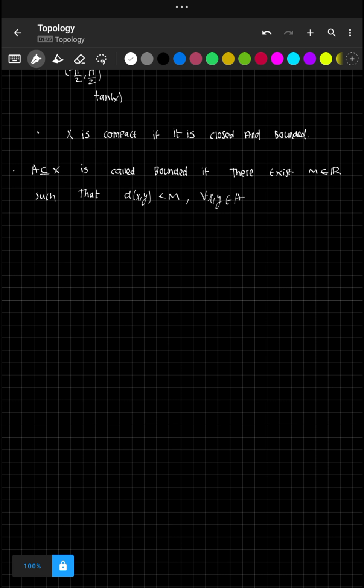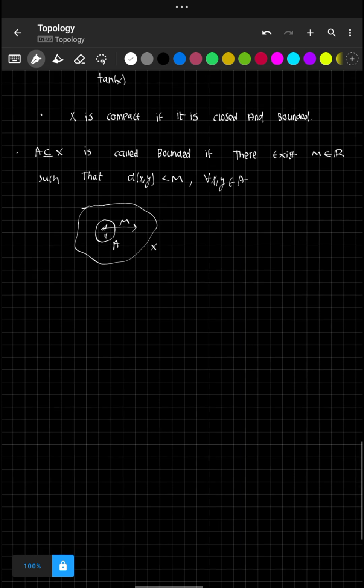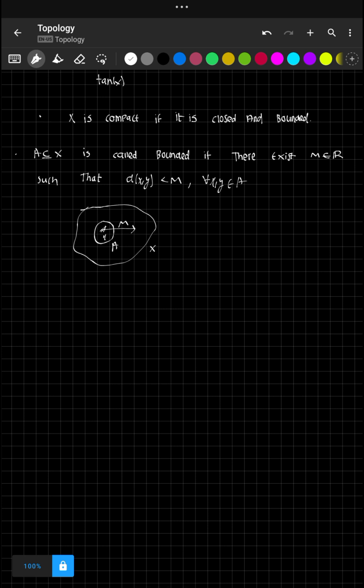So basically this is the same notion of boundedness that we have in R, just generalized to metric spaces. Say we have a metric space X and a subset A. If you can find a number m that is greater than the distance between any points in the set A, then the set A is called bounded.